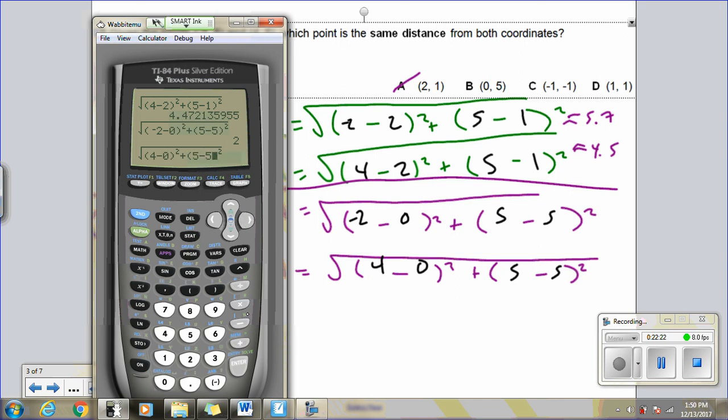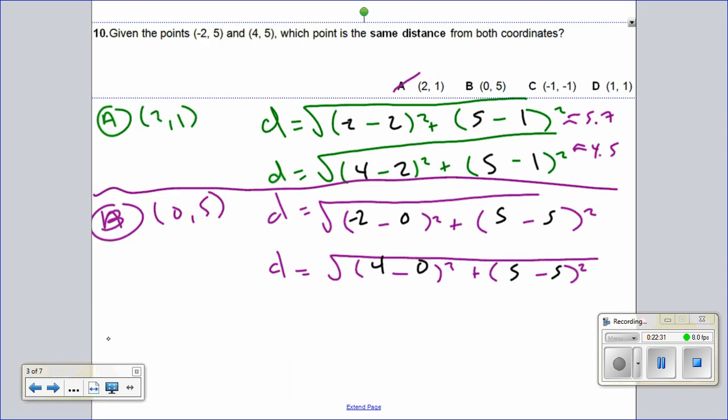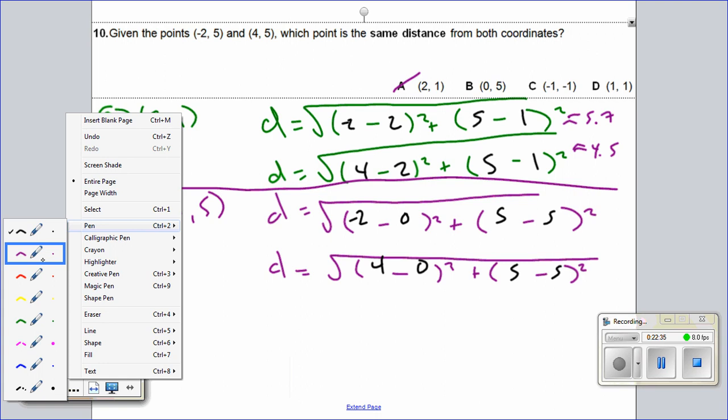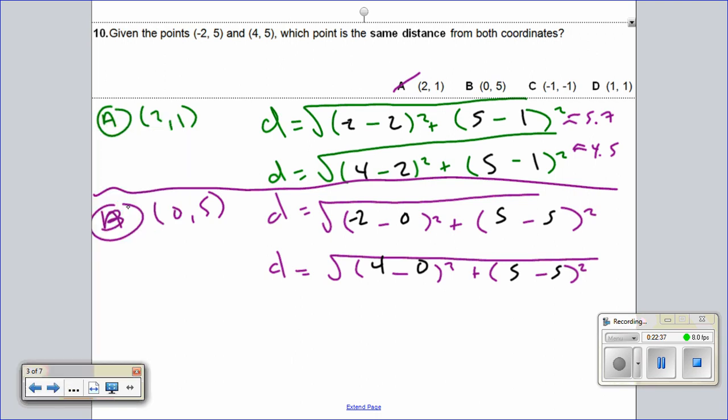Make sure it looks like what I wrote, which it does, and that's good. So this distance is 4. So it's not B. This one was 2. This one was 4. So it's not B.